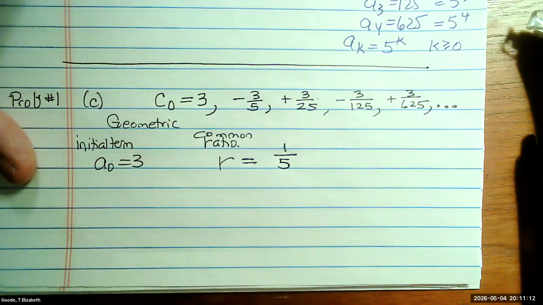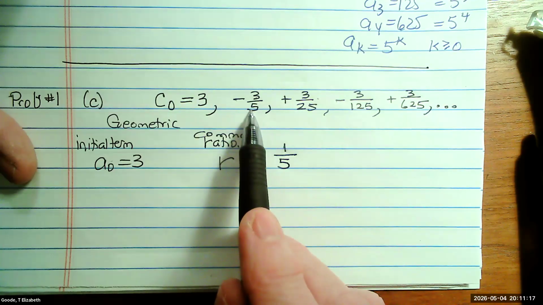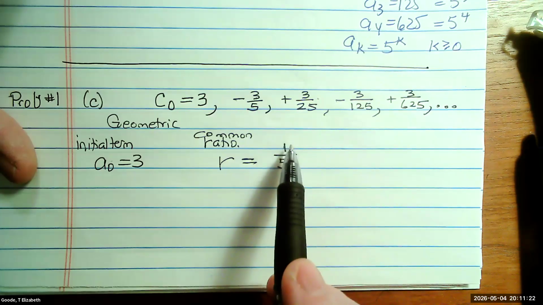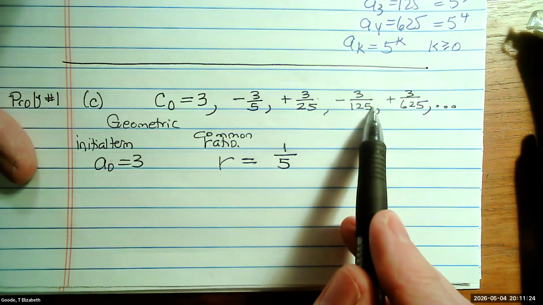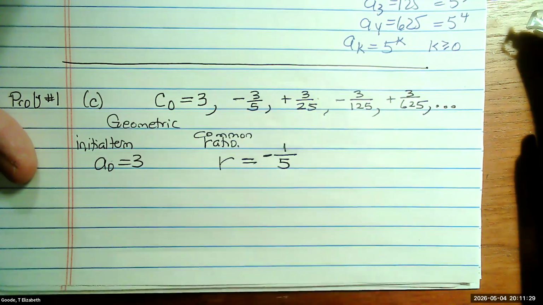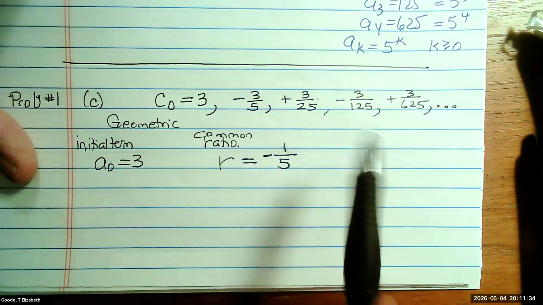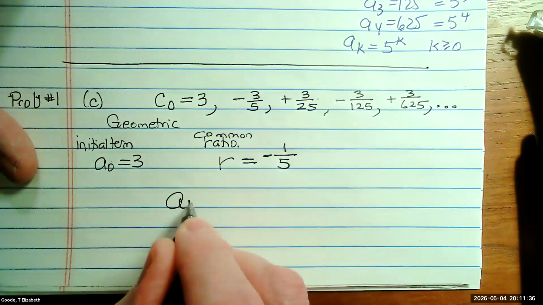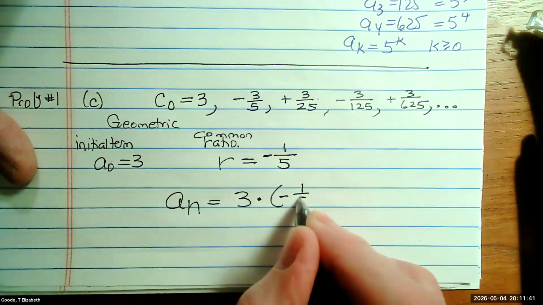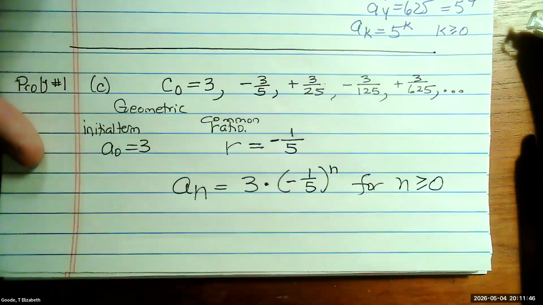It's okay for the common ratio to be a fraction, right? 3 times 1/5 is 3/5. 3/5 times 1/5 is 3/25. 3/25 times 1/5 is 3/125, etc. And then you can just make it negative and it'll work out. a sub n is equal to 3 times -1/5 to the n for n greater than or equal to 0.